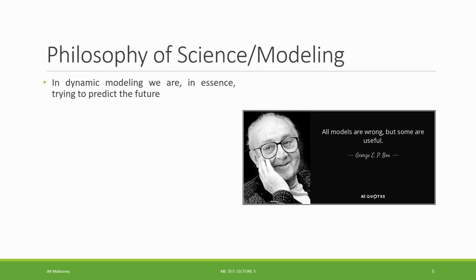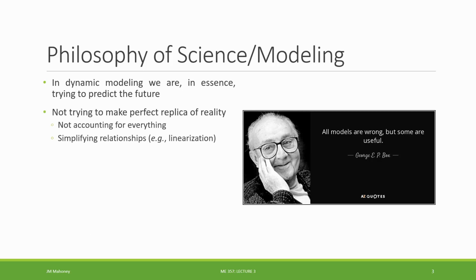So we want to predict the future. We need to be able to describe our system using math, in particular, differential equations for this course. Now, there are other sorts of mathematical models. You can use a purely statistical model. That's not what we're talking about in this class. We are using differential equations for the most part to make predictions about the future or model our system over time.